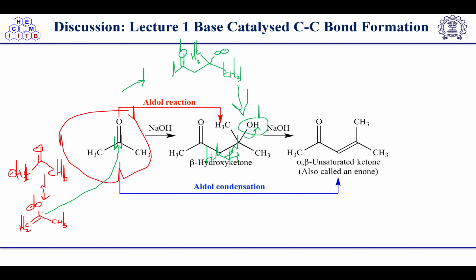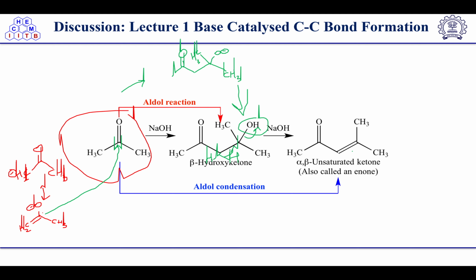So after the condensation, the product we get is an alpha beta unsaturated ketone, which is also called an enone. Why enone? Because the double bond is also called ene, and here is the ketone, right? Enone. That's why this product is an enone, an alpha beta unsaturated ketone.